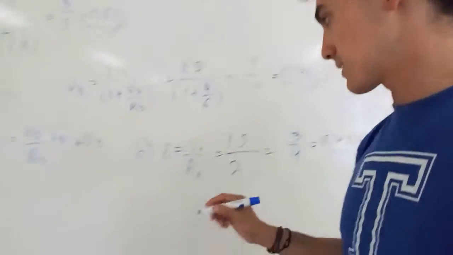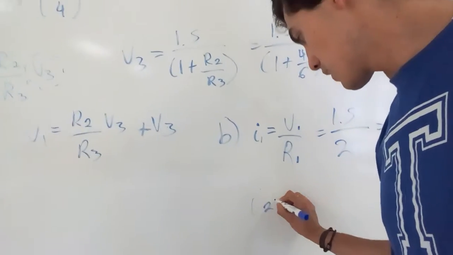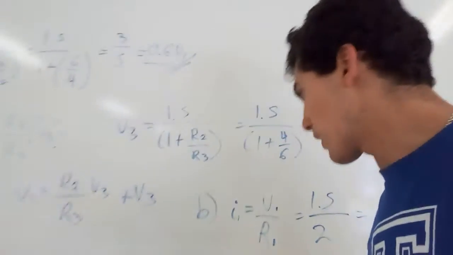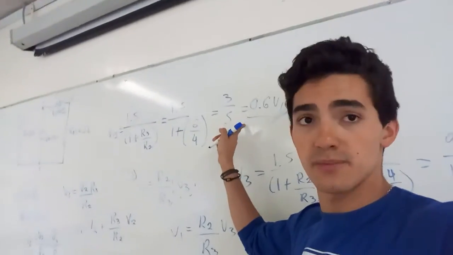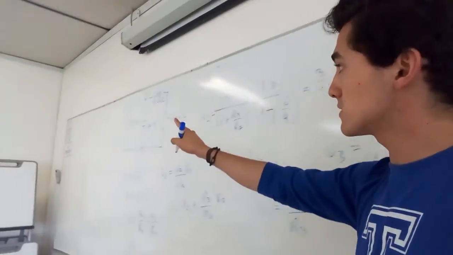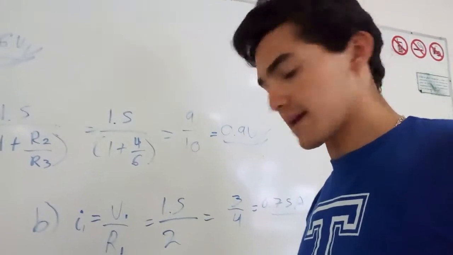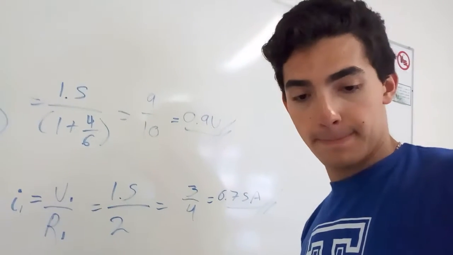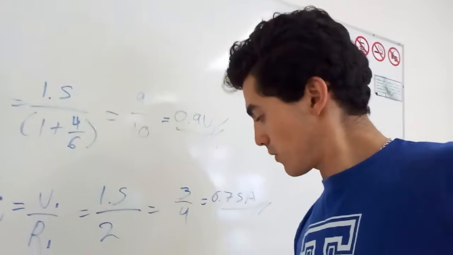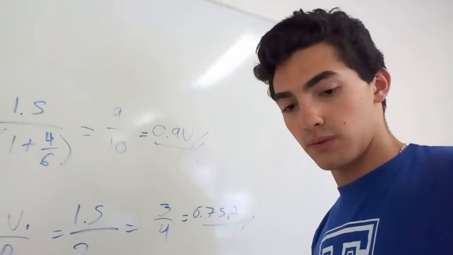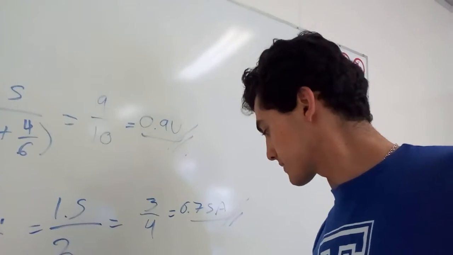This is for the first current. For the second current, we want to determine it exactly the same. So we know now the voltage in 2, that was this part, 0.6 volts, over our resistance 2, that was 4 ohms. So we use 4 ohms, and this is equal to 3/20, that is equal to 0.15 amperes.